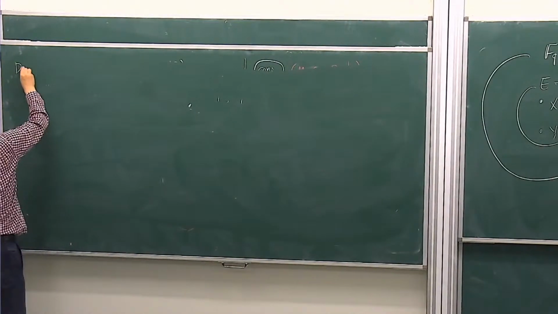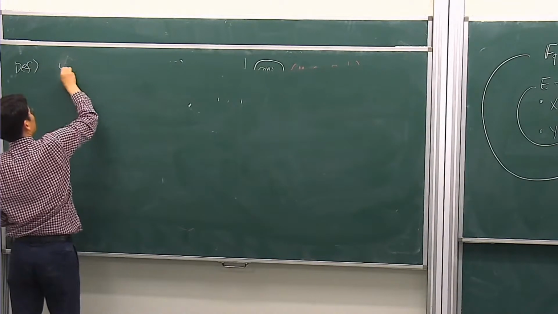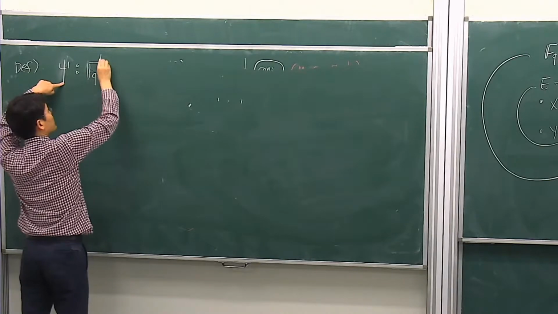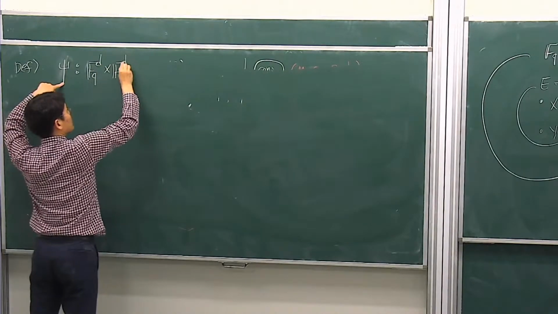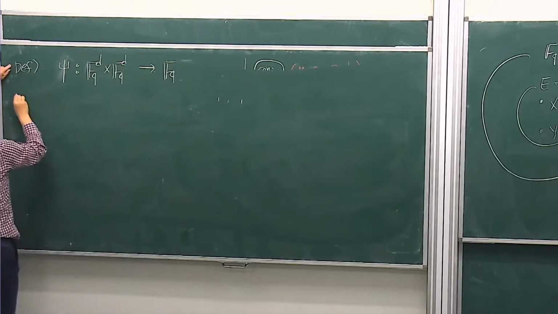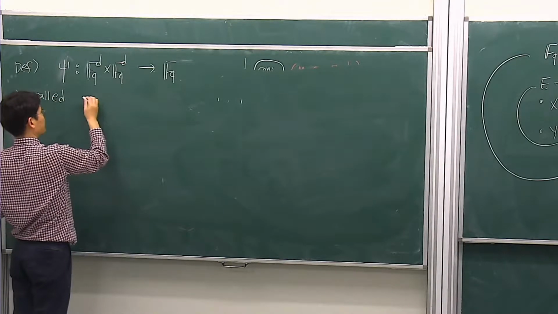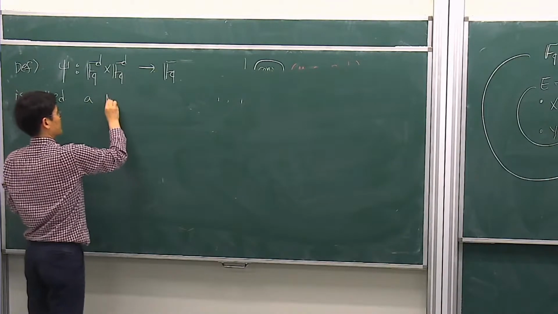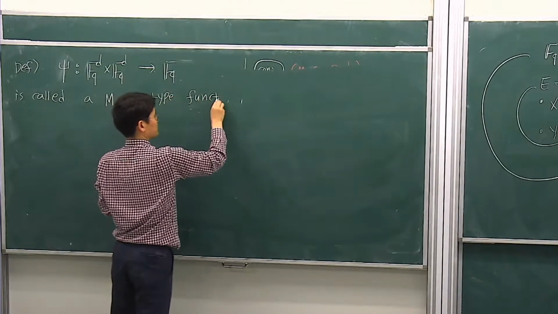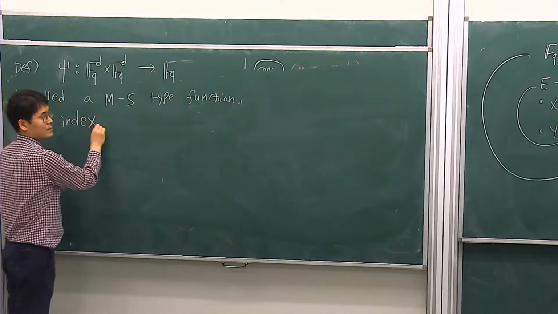Let me give you a definition. A distance function like that is called a Mattila-Sjölin type function of index gamma.